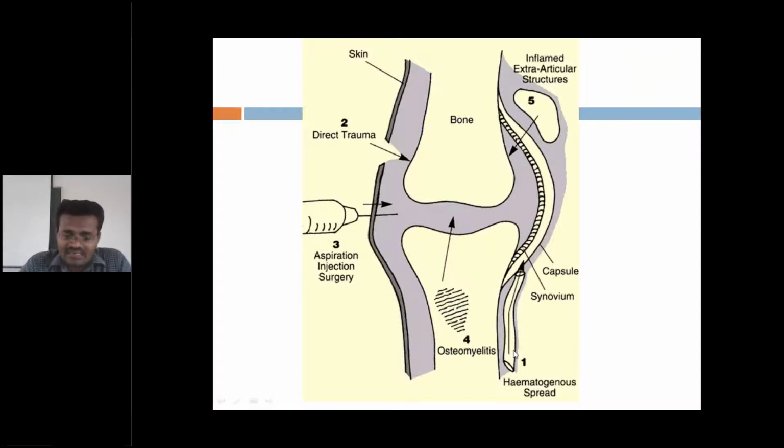But those who are of very young age, very old age, diabetics or immunocompromised can't combat the infection. Therefore that bacteria coming through the blood will go into the synovial membrane. First the synovial membrane will get affected. Later we'll see what happens in pathogenesis. So first is hematogenous spread, and then direct trauma.